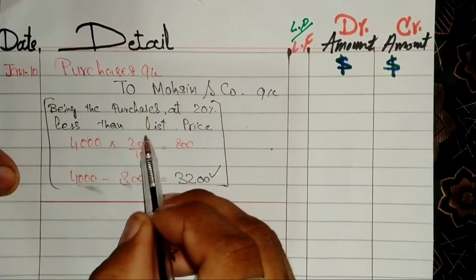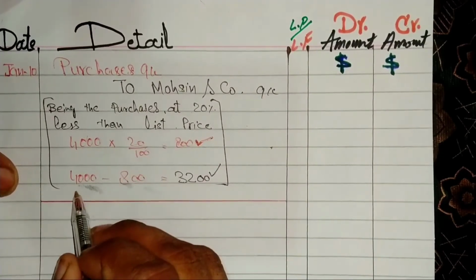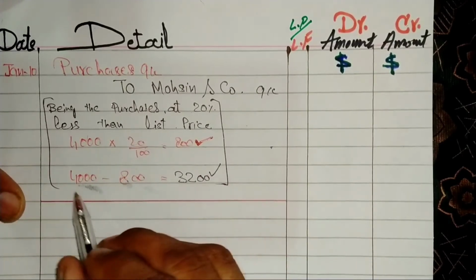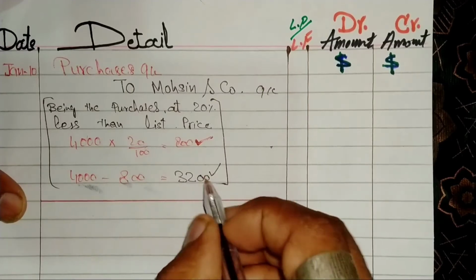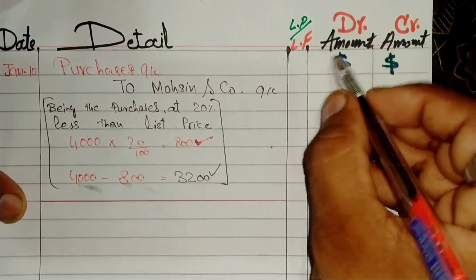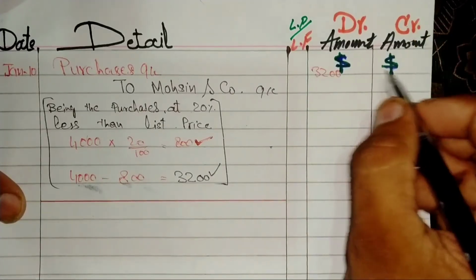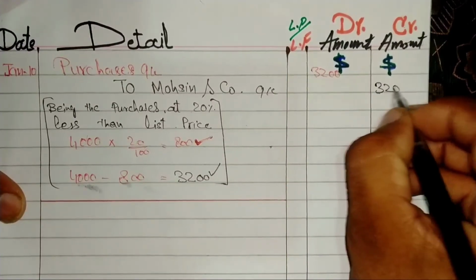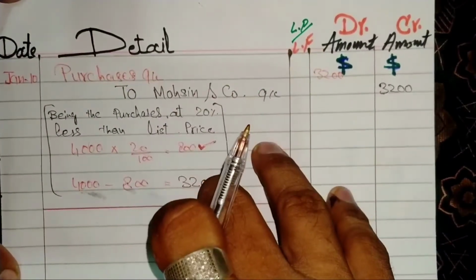The 20% of 4,000 is $800. We will deduct it from the list price, and the discounted amount is $3,200. This is the discounted purchases amount. We will enter at purchases $3,200, same as to the other account, which is Mohsin and Company account, $3,200. That's it. This is the purchase effect of this transaction.